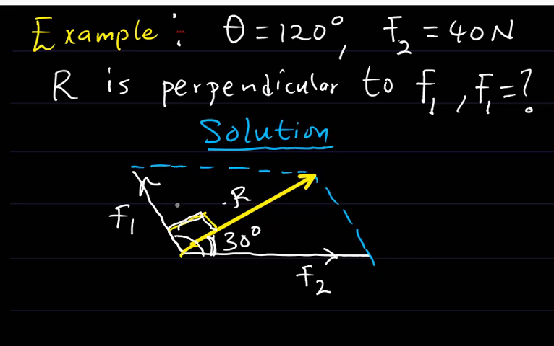Now if it is 30 degrees, then from the parallelogram, this side is still equal to F2, which of course is 40 Newton. Looking at the alternate angles, if this angle right here is 30 degrees, this angle is also 30 degrees.